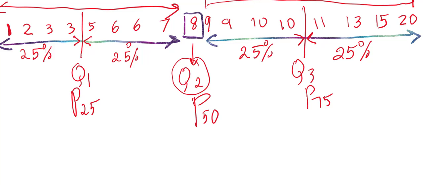For example, let's say I have the value 13, and I want to see what percentile 13 is. Well, definitely it's going to be more than the 75th percentile, because the 75th percentile is right here. So let me show you how you do this. How many values do we have all together? We have 17 values.